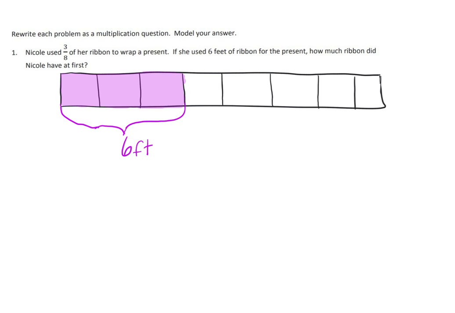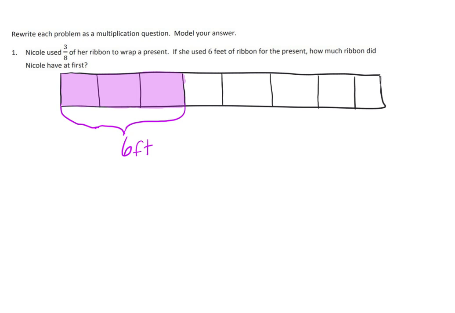So here's my picture. I drew the representation of the whole ribbon with 8 spaces because that one ribbon is being broken into 8 pieces. And I colored in 3 of the 8 pieces and wrote that those 3 mean it is 6 feet.